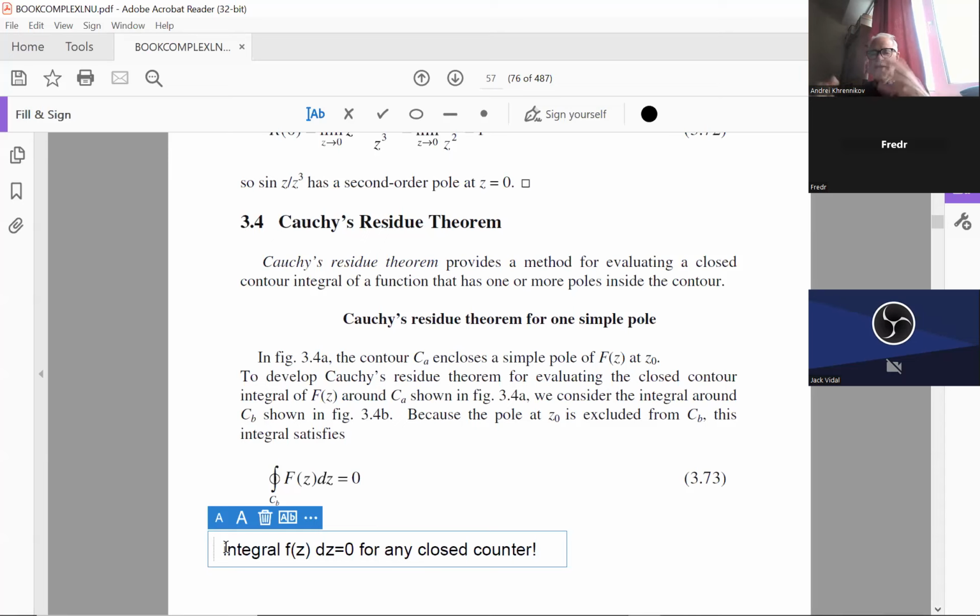There would be so many computational imprecisions that the answer could be very far from 0. But your brain knows that since the function is analytic, the integral is 0.